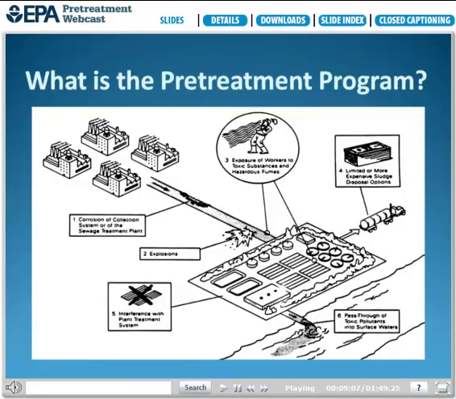The POTW might identify a maximum amount of a certain pollutant that the industry can discharge. This amount could be set so that the POTW plant can still function properly and not discharge the pollutant untreated. How those pollutants are allocated between each of the users and how reports are to be submitted by those users to the control authority are decided at the local level.